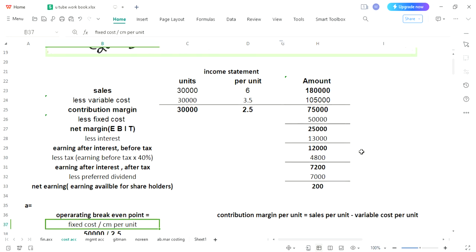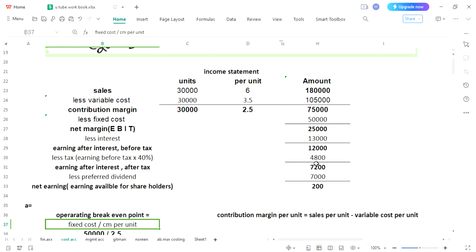Earning before interest and tax means we have earned 25,000 internally through our business, but obviously there are obligations and liabilities. We have to pay amounts to outsiders as well. Interest would be the first preference. When you pay your interest, you get your income after interest, and then the tax obligation of 4,800 would be paid.